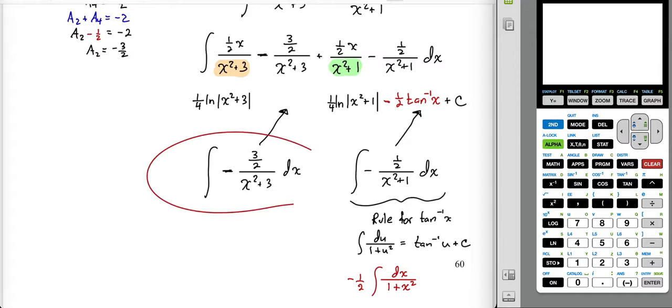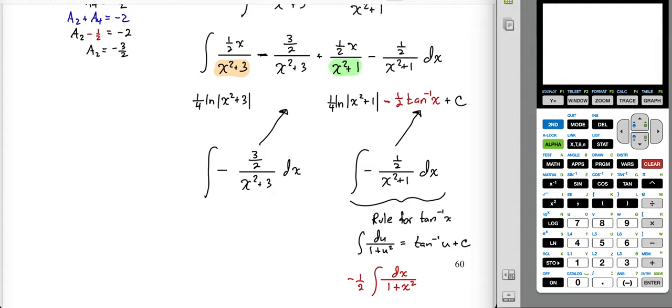This guy over here is a little bit of a different story, because we get that plus 3. Now again, there are different ways to handle it, but the way we've been covering it has been using trig substitution, so that's what we're going to do. We'll learn how to fit to rules, but for now, we're going to stick with what we know.